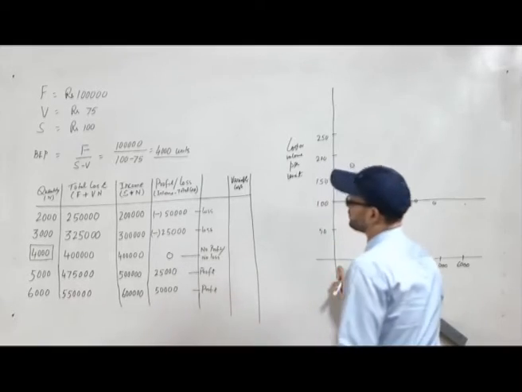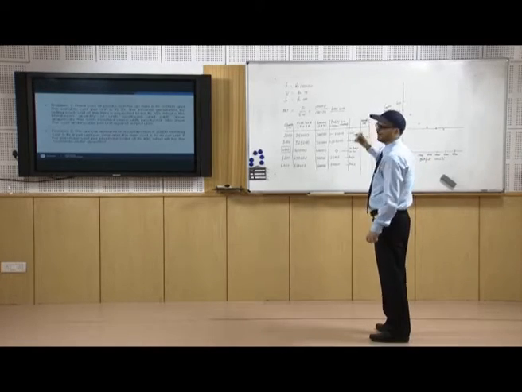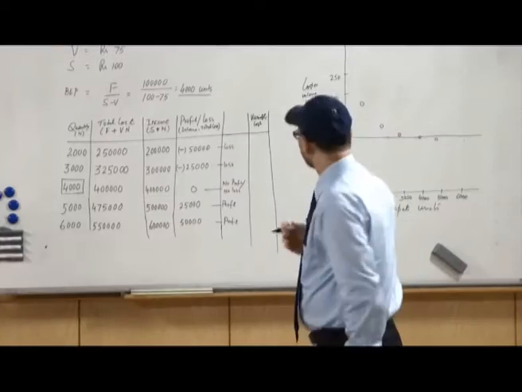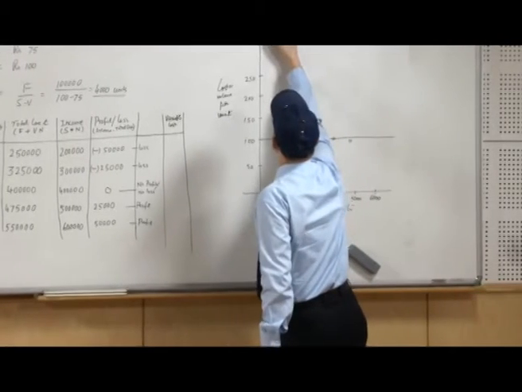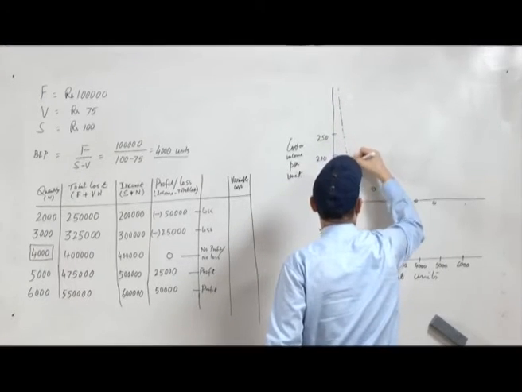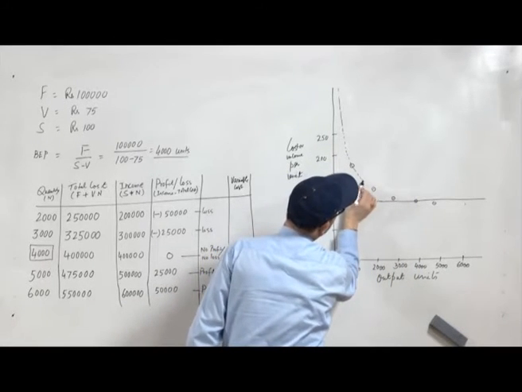For 0 units the fixed cost is 1 lakh. So, anyway total cost is 1 lakh, but it will be approaching towards infinity. So, that is why this line will come from infinity and then it will go like this.